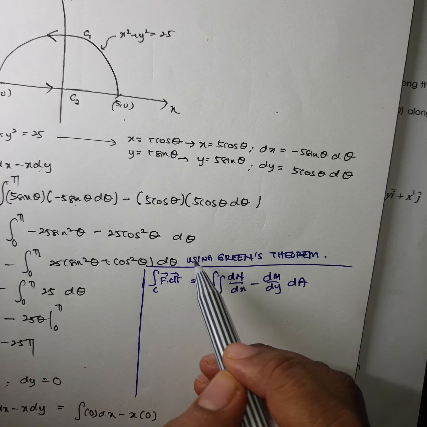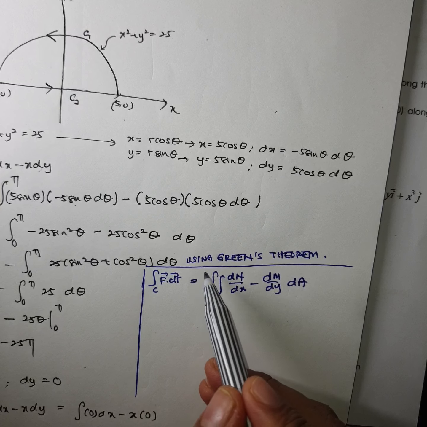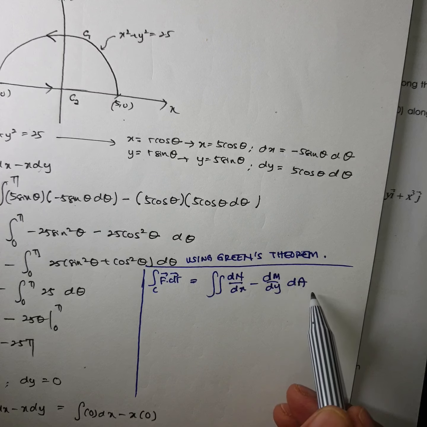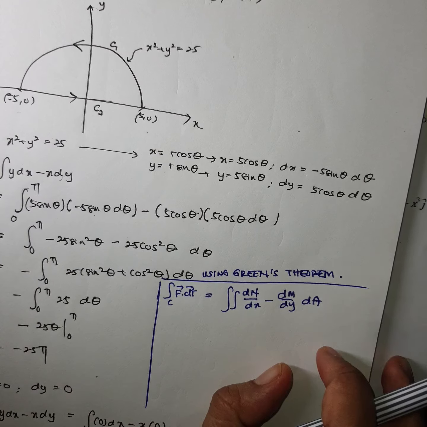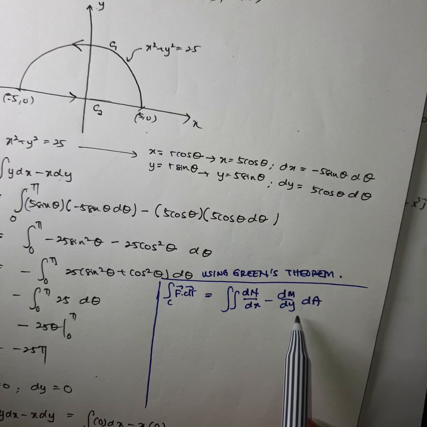Okay, so the second one is you have to use Green's theorem. So you have to mention in your step that you are using Green's theorem. So this is what you want to search for. This is the formula of Green's theorem. Okay, so for this case you can see that our shape now is a circle. So you have to remember this double integral you have to change into polar coordinates.